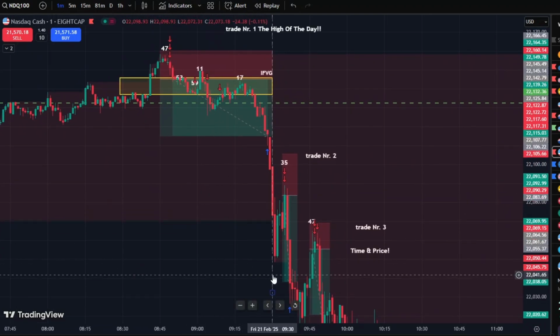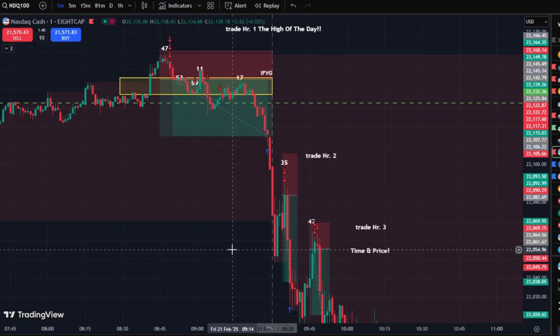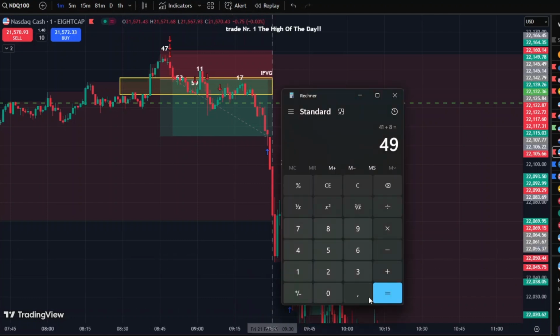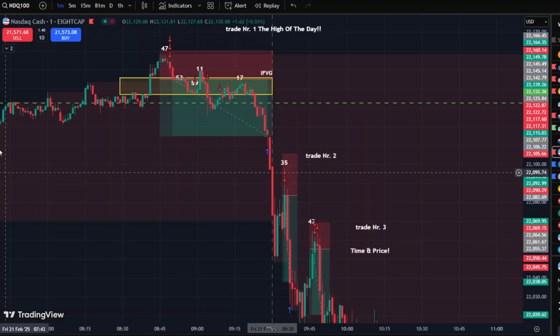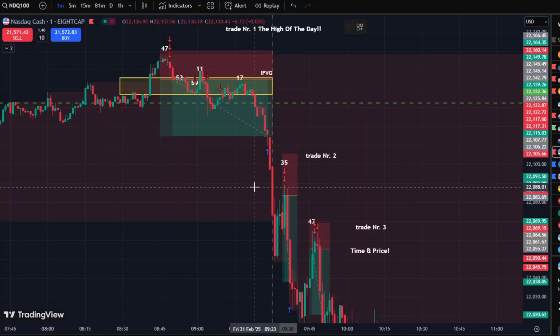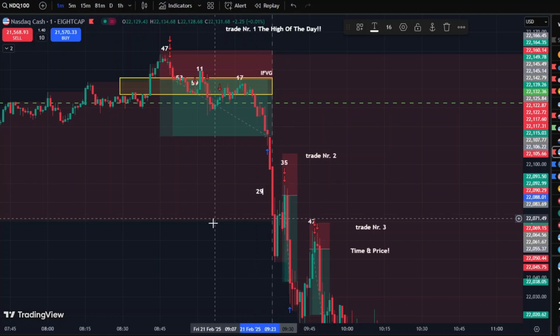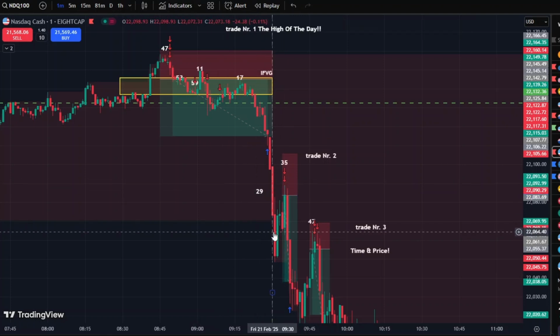And this fair value gap got created at 30, which means it's a 29 if we do it minus 1. A 29 fair value gap. So this becomes an important fair value gap because it got created in a GP time.